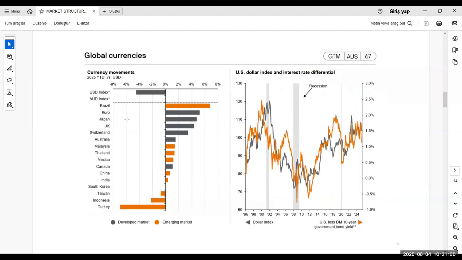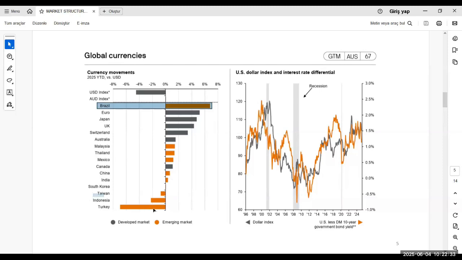And here you will see, for instance, from emerging markets, the Brazilian real appreciated against the United States dollar approximately 7%, the euro 5%, Japanese yen approximately 4%, Great British pound approximately 4%, Swiss franc 3.9%, Australian dollar just around 1%, Malaysian ringgit just around 1%, Thailand, Mexican peso just 1%, Canadian dollar 1%, China renminbi here.